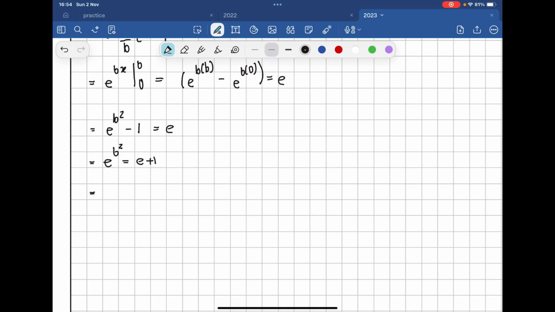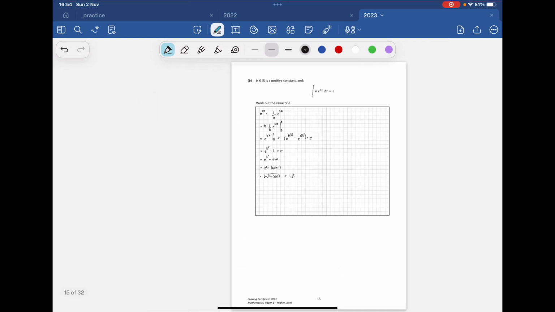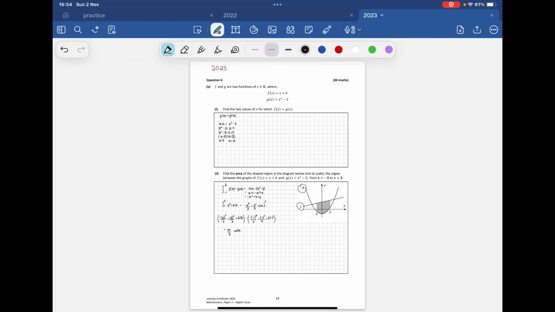We can rewrite it as b squared is equal to the natural log of e plus 1. b is equal to the square root of the natural log of e plus 1. Because remember, e is also a constant. Therefore, b is equal to 1.15. And that is how you do the 2023 question 6 exam paper question.